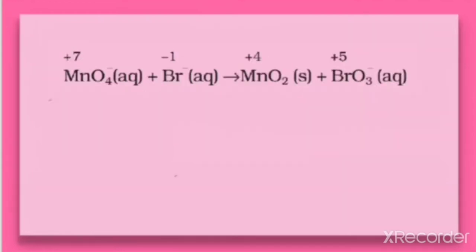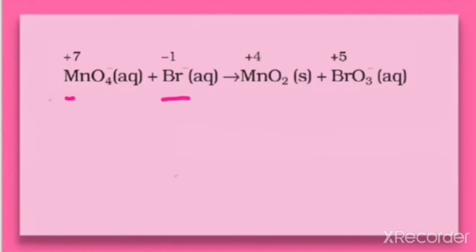We write this equation, and we need to write the oxidation state of each element. So the first step, after writing the skeletal equation, is to write the oxidation state for each. The oxidation state of Mn in MnO4 negative is +7.